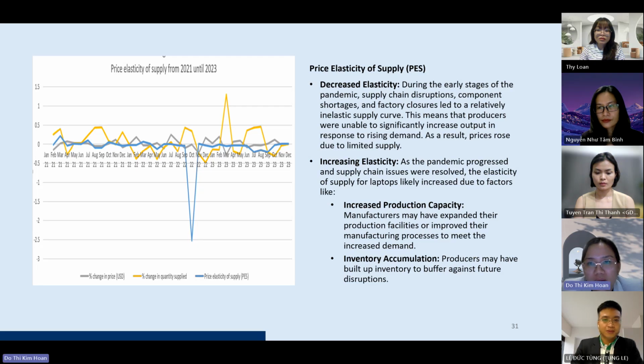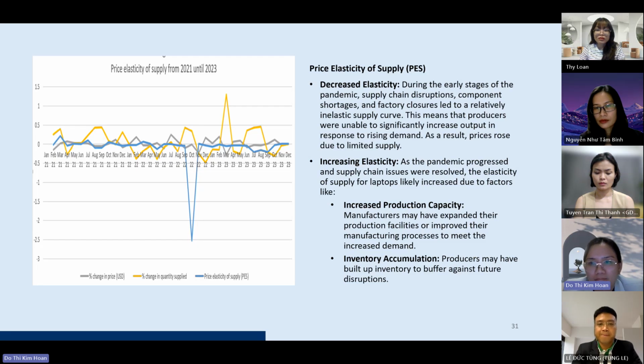Price elasticity of supply was also not stable. Sometimes it decreased and sometimes it increased. During the early stage of the supply chain disruption, with component shortages and factory closures, there was relatively inelastic supply.